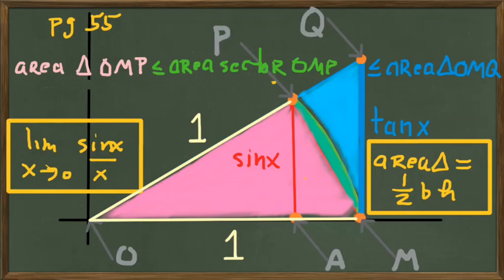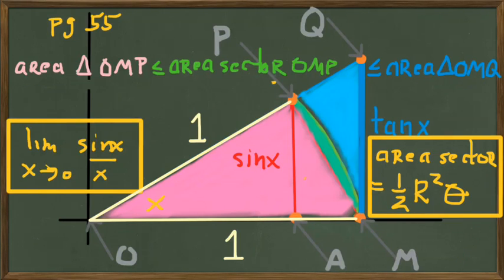So next, let's recall that in determining the area of this pink triangle and this largest blue triangle, we're going to use the area formula for a triangle, 1/2 base times height. And for determining the area of the sector, which is the pink shaded region plus the green shaded region, we're going to use the formula for the area of a sector.